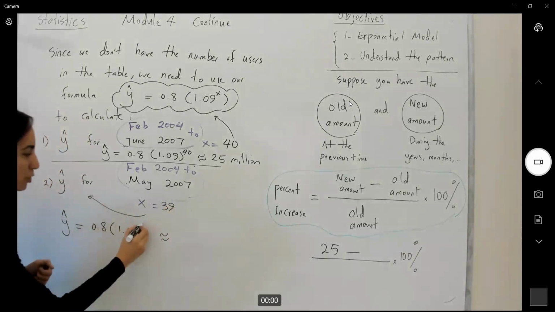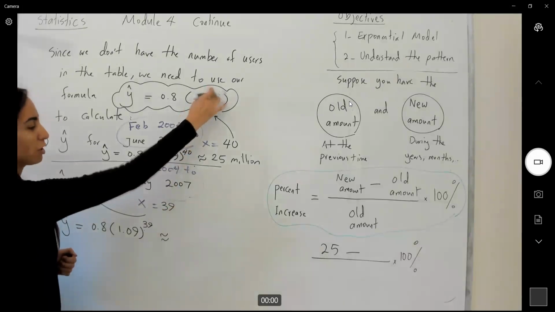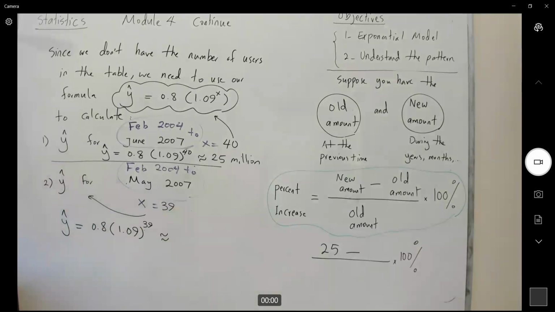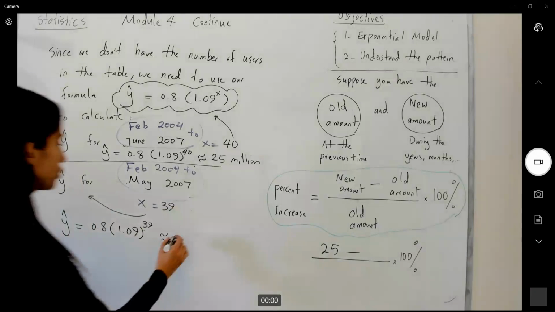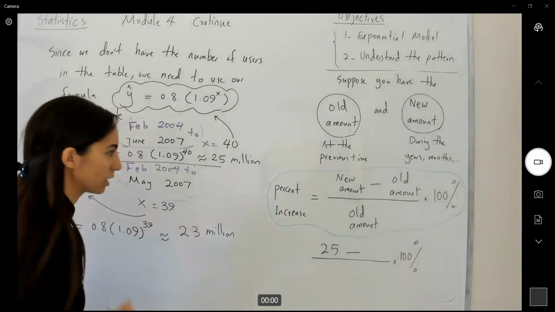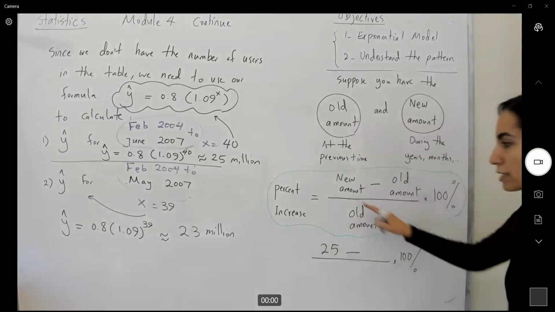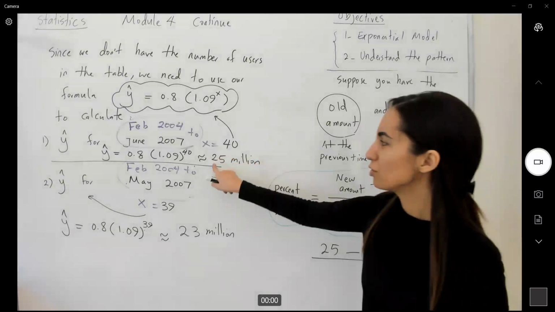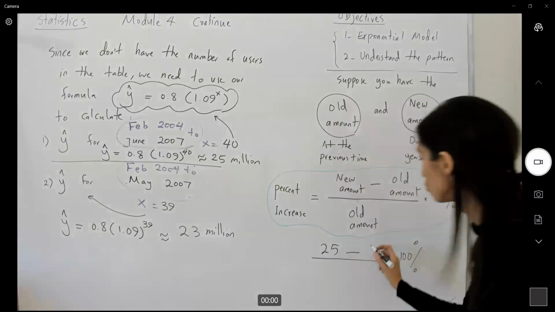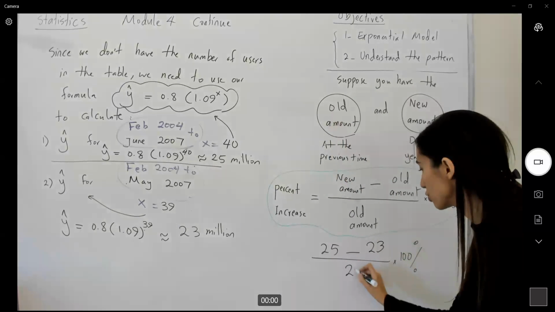So we substitute 39 into the formula for X. And what is the number of users? Approximately 23 million. Thank you. 23 million. Okay, now what's the percent increase? I know that my new amount was 25 million, so I'm going to keep that. My old amount is 23, divided by 23.